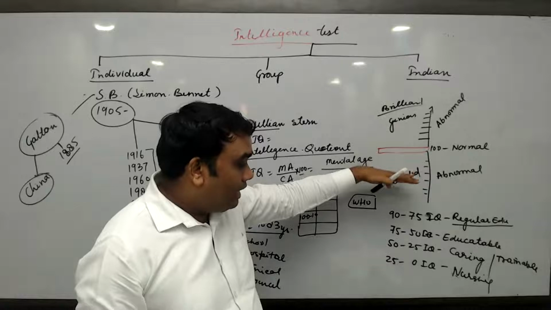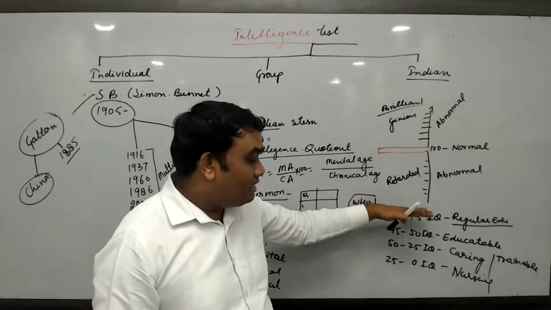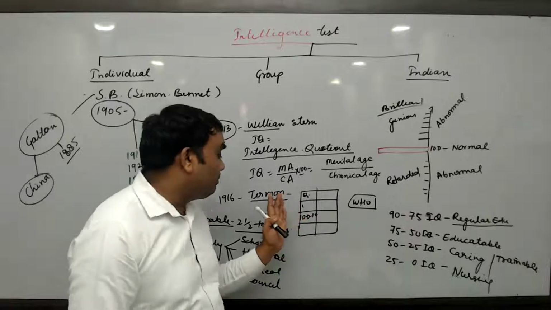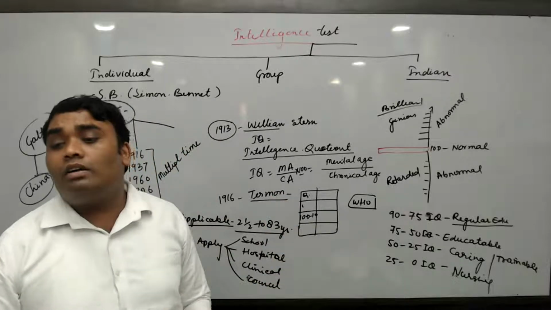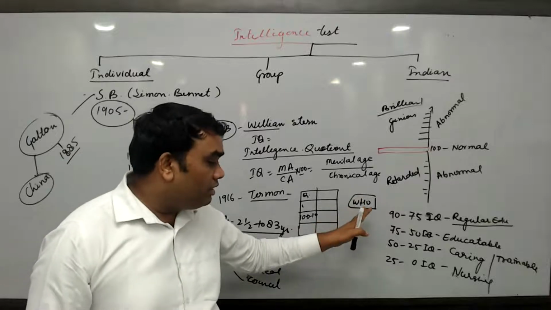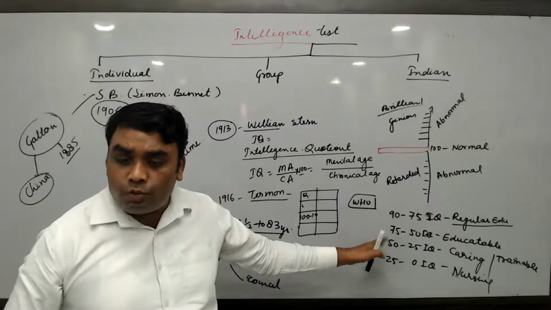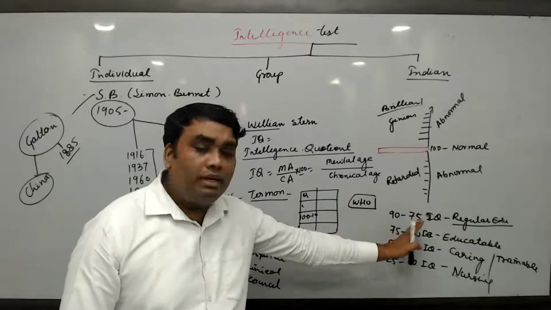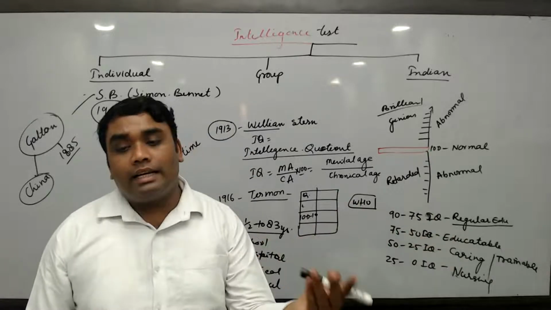This table has been prepared by several psychologists. First it was prepared by Terman, later on by many more psychologists. Here I mentioned the tables according to WHO. According to NCERT, these numbers will be different, so you can check it.